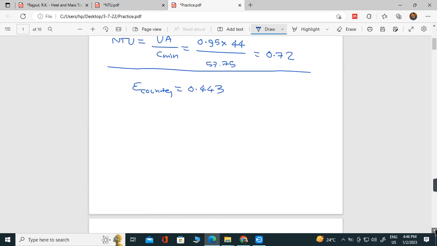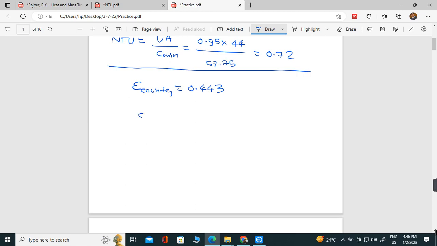So after effectiveness what you will have to do, you know that what is equation of effectiveness. Here you can write down Cc into Tc2 minus Tc1, clear. Then after here you can write Cmin into Th1 minus Tc1. So here which are the unknown, Tc1 given, Th1 given.